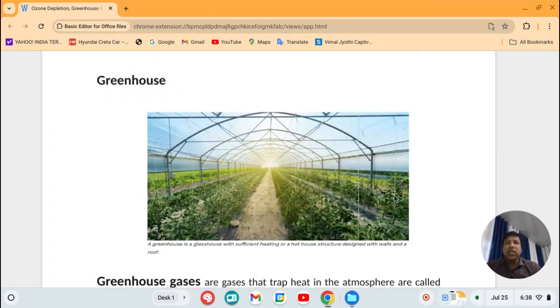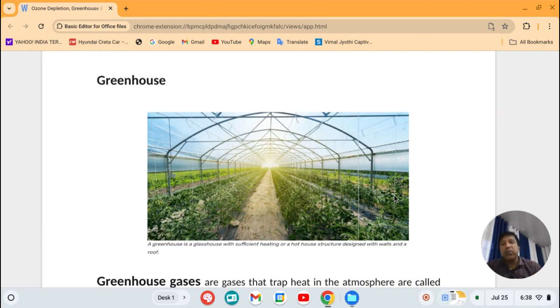Another term is greenhouse effect. First of all, what is greenhouse effect? Greenhouses are structures made in areas where plenty of sunlight is not available. They make some sort of structures as shown in the diagram, using glass and other things.